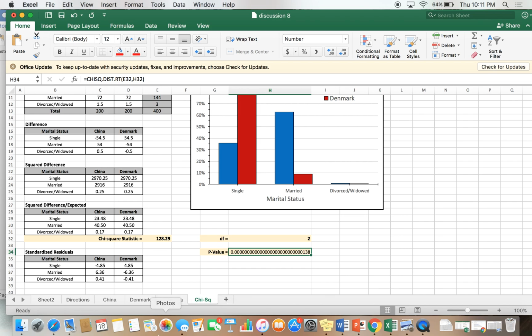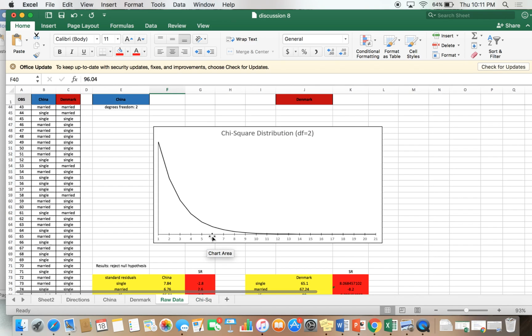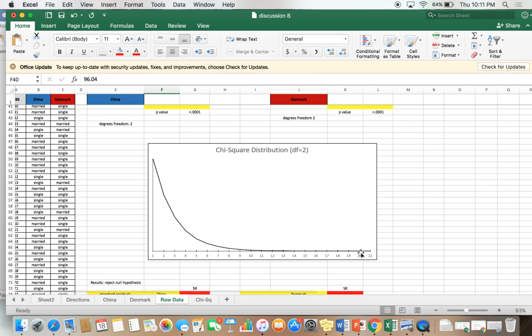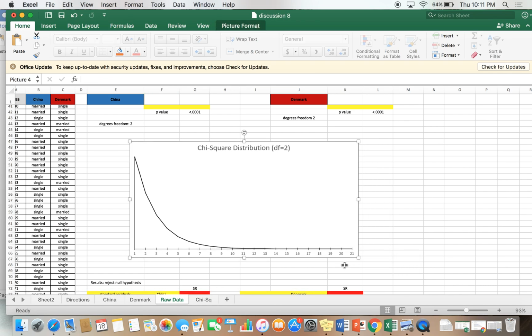If we came back to this, I cannot even get this number line to expand all the way out to where we would need it to be, to 128, and then shade less than a millionth of a percent. I can't even do that. But that's what I would do if I could.